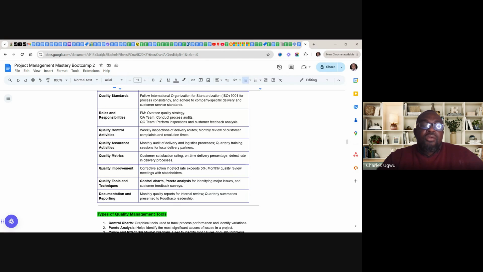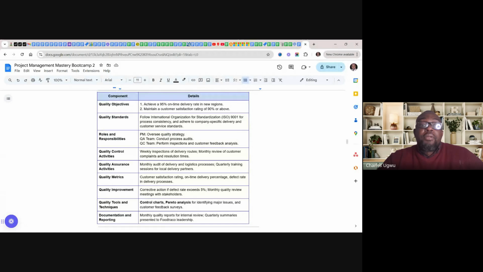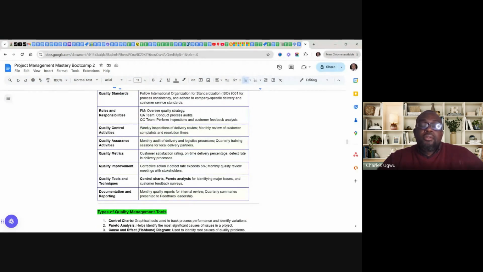And documentation and reporting: monthly quality report for internal review, quarterly summaries presented to FoodTrackoo leadership. Simple. You have created a quality management plan for a big company like FoodTrackoo. Simple. Not rocket science.